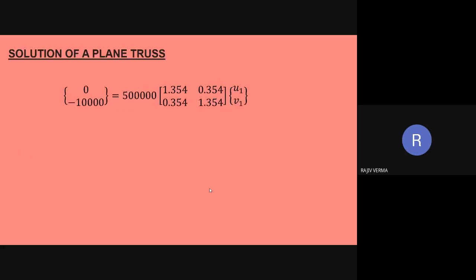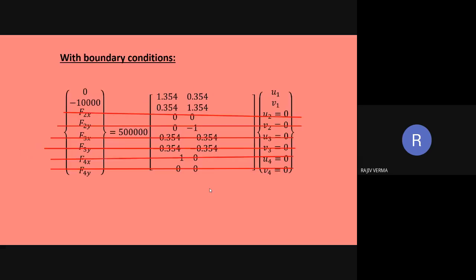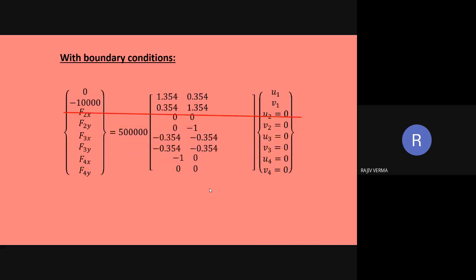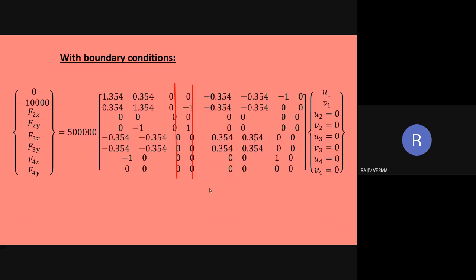This gives us two equations, two unknowns, which can be solved easily. Obviously, when U1 and V1 have been found, they can be substituted in this equation to find the values of F2, F3, and so on. So basically, we can find all the reaction forces.